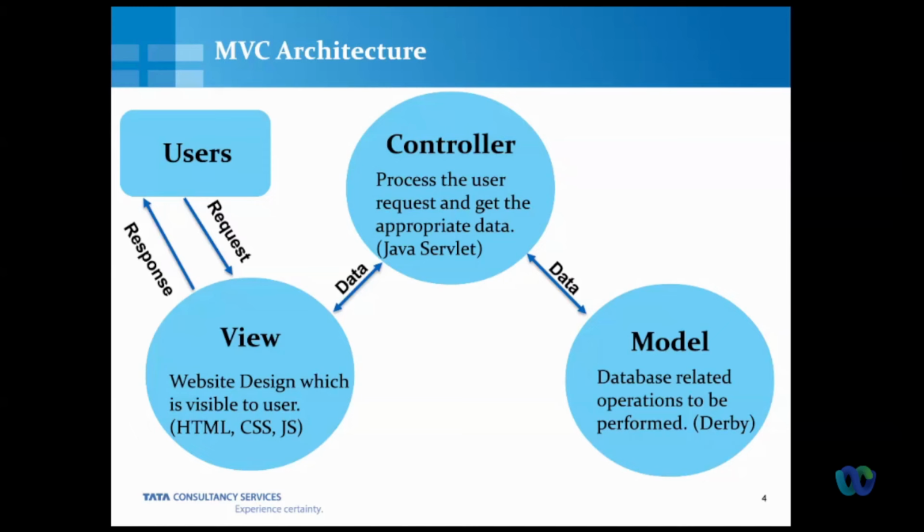To summarize, what is the responsibility of the model? Fetching the data from the database, processing the data, and updating the database. What is the use of the view? The front end part: displaying the data to the user, providing a user interface for interacting with the application, and rendering the data provided by the model.